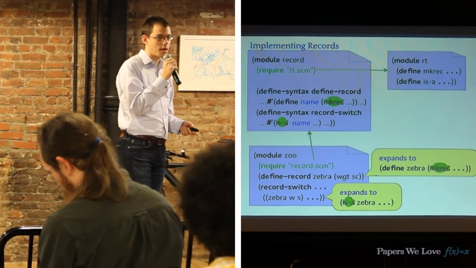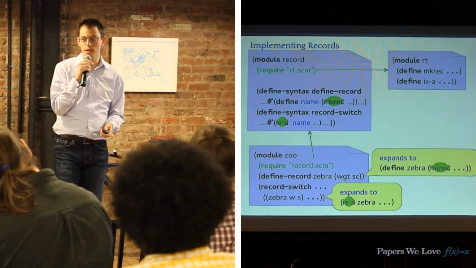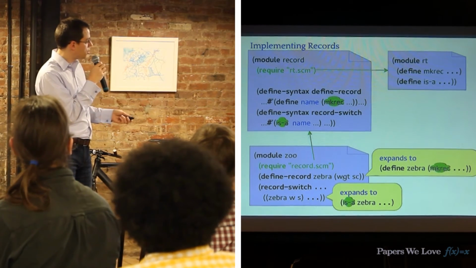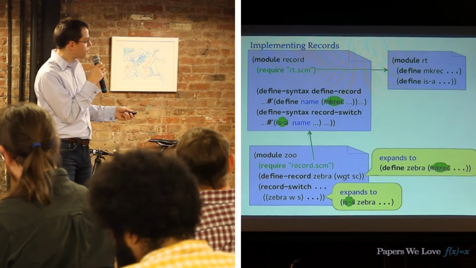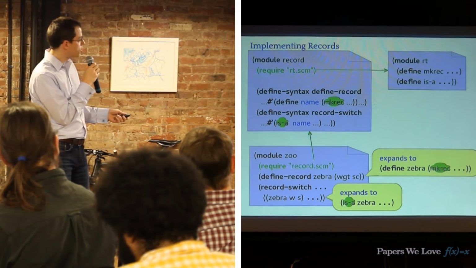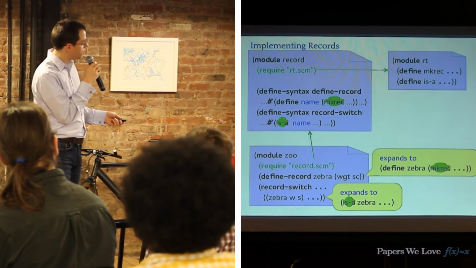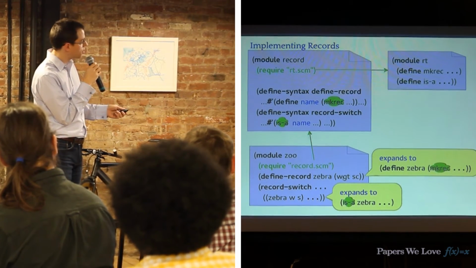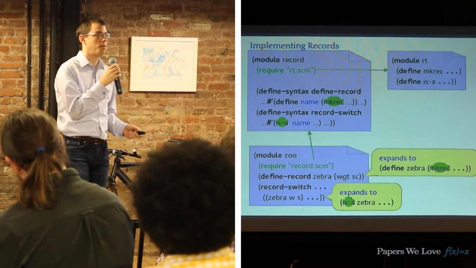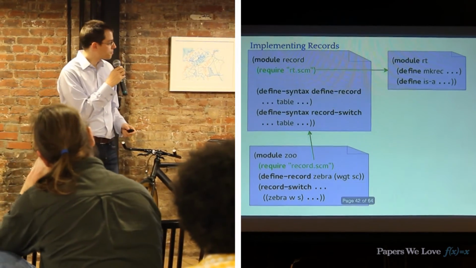That points out that we now need some additional support from the macro system and the module system to know that when we expand to this use of make-record and isa, we have to be able to reference the RT module at the appropriate phase, even though this is an indirect reference because we've got two requires to get there. But it's still all green, it's still all at the same phase, so this should all still be fine.